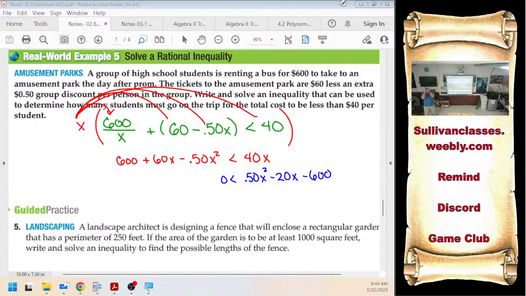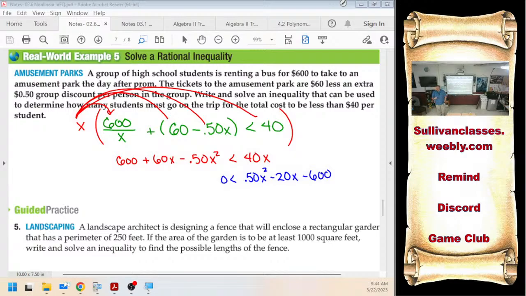Now we're remembering all this stuff about inequalities from 8th grade. It's a parabola. I can solve a quadratic, a parabola, however I feel like.